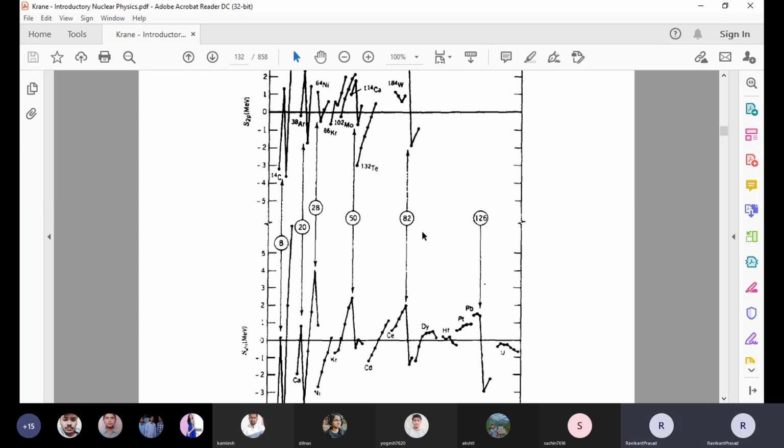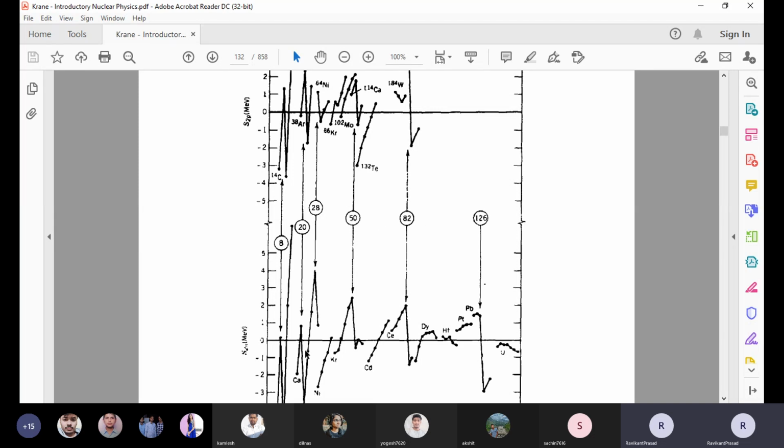It means if 82 becomes 83, the nucleus wants to give away its neutron. Take it, we don't want the 83 or 85 one, we wanted the 82 one, whatever has gone above that, push it out. So something like that, it drastically decreases, then again it increases, it reaches 126, then again it decreases.